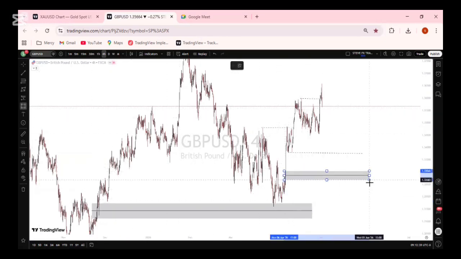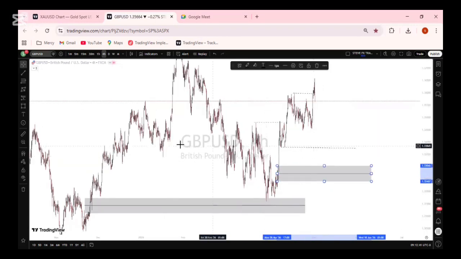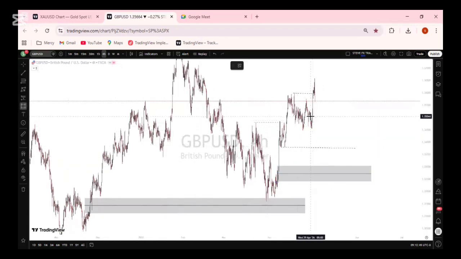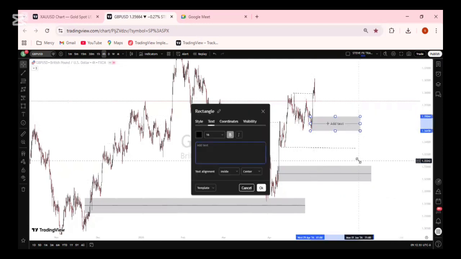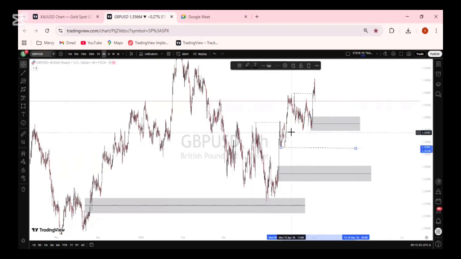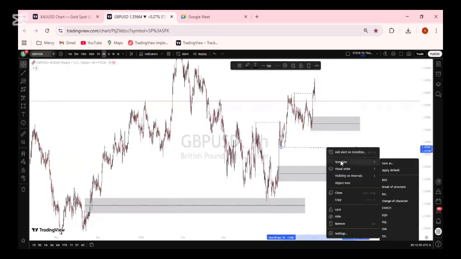This becomes our point of interest, and also this becomes a point of interest, because this move also caused a break of structure. We are having equal lows.